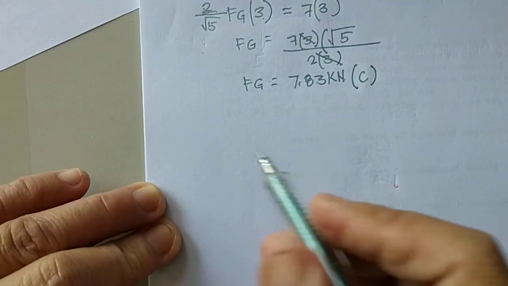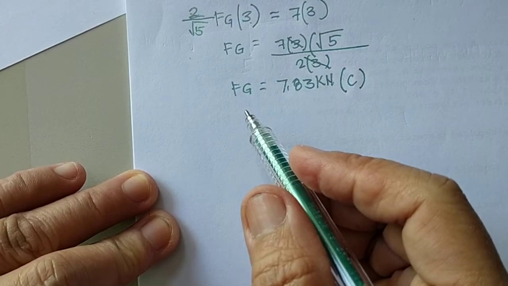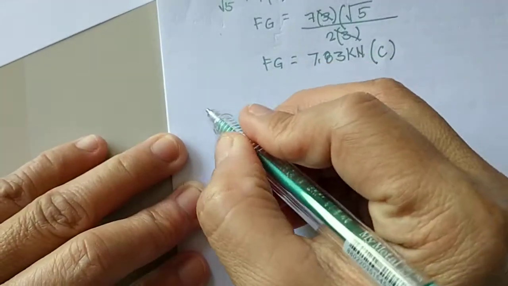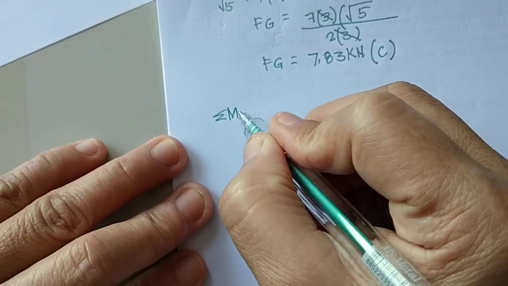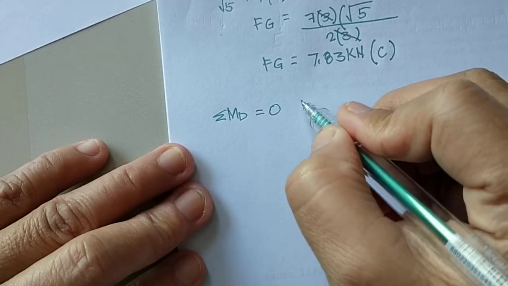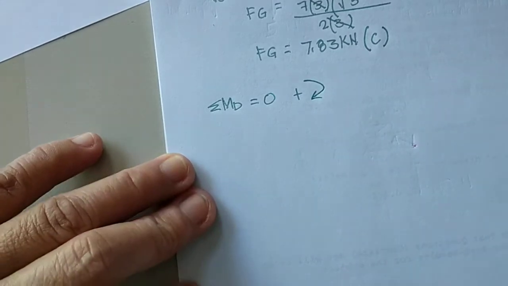Okay, let us consider transmitting the component of FG at point O. So let us take summation of moment at D, still at D. My convention is counterclockwise moment positive.